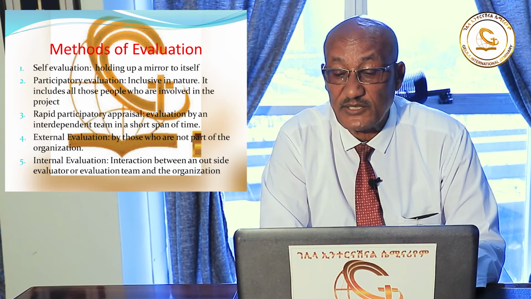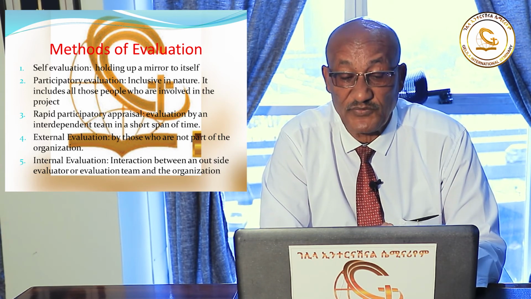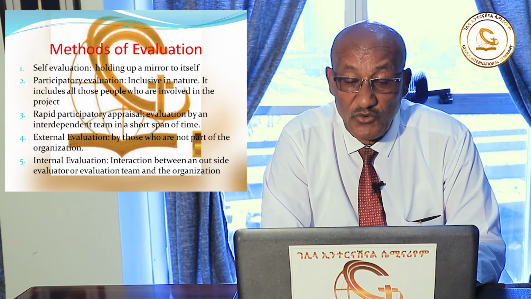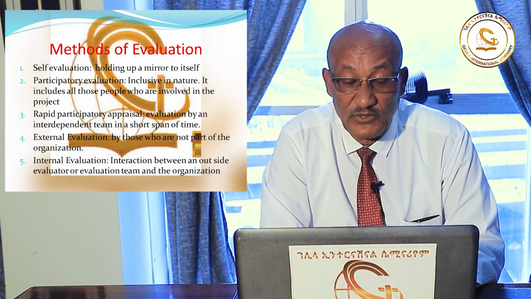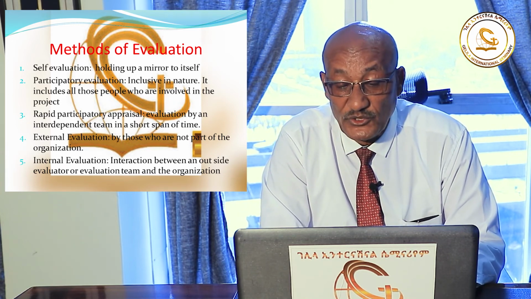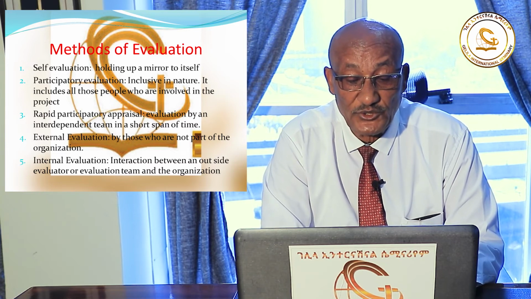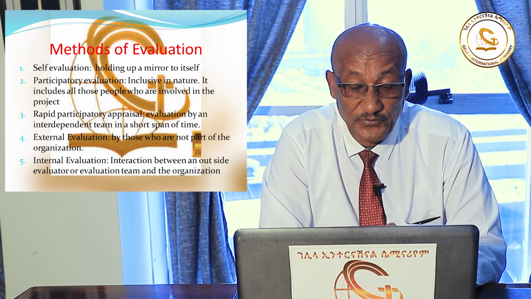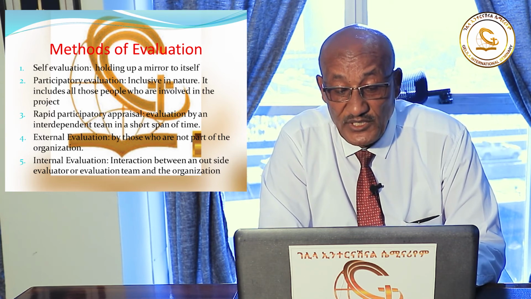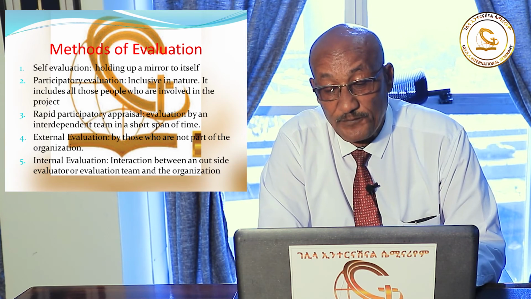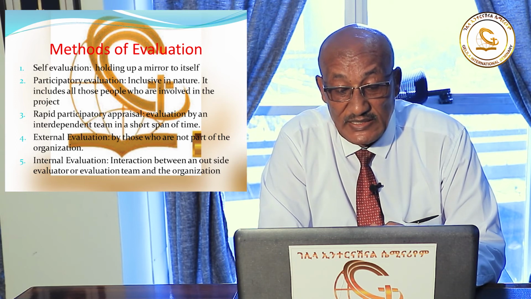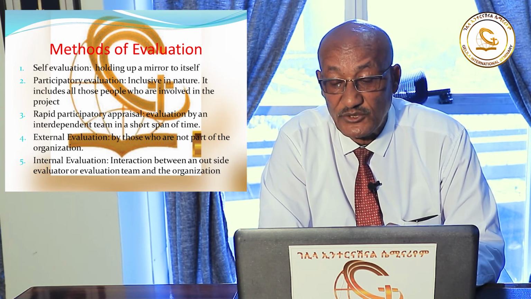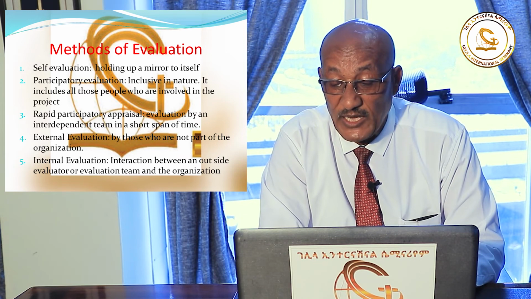The second point is participatory evaluation. This one is inclusive in nature. It includes all those people who are involved in the project. All those people involved in the project should evaluate the performance of that organization. The third point is rapid participatory appraisal: evaluation by an interdependent team in a short span of time.